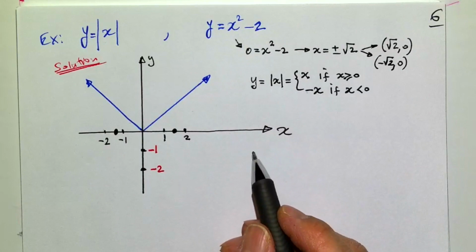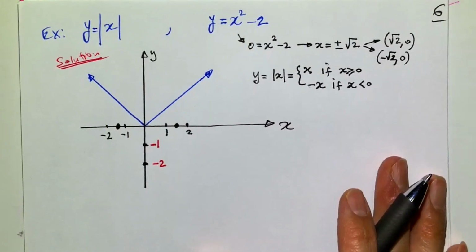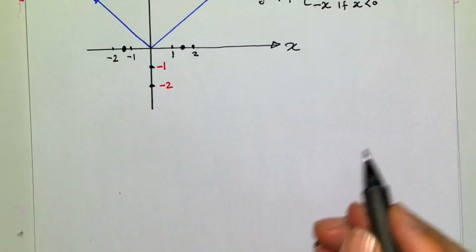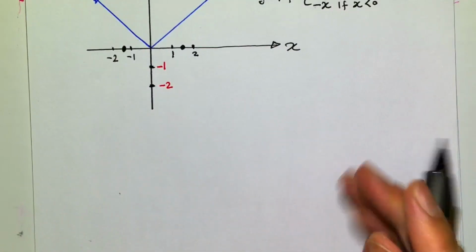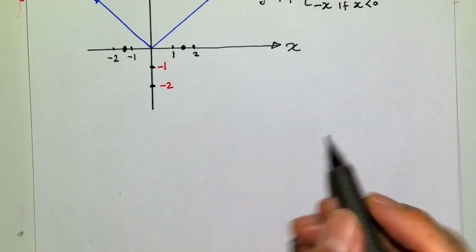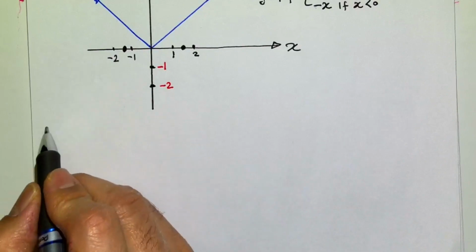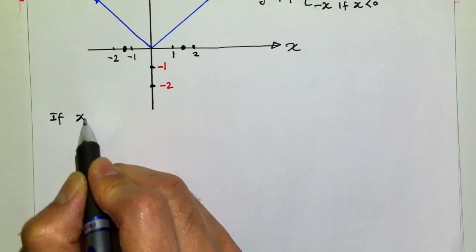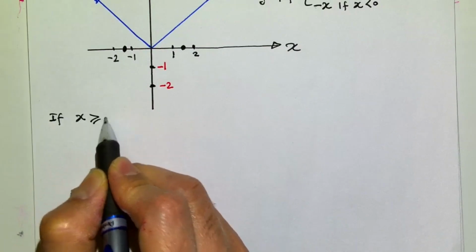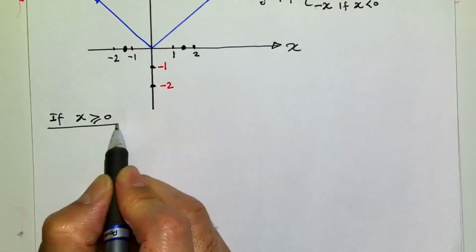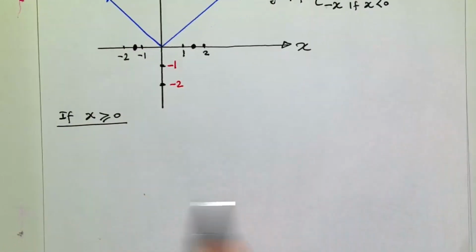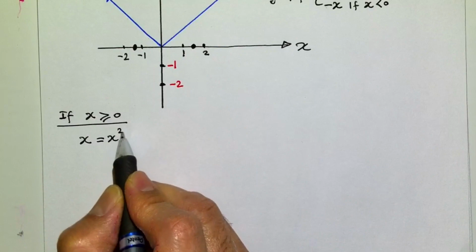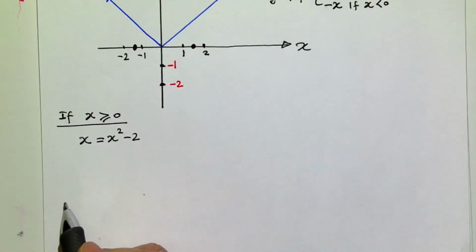Let's do that. So if x is greater than or equal to 0, then we have x equals x squared minus 2.